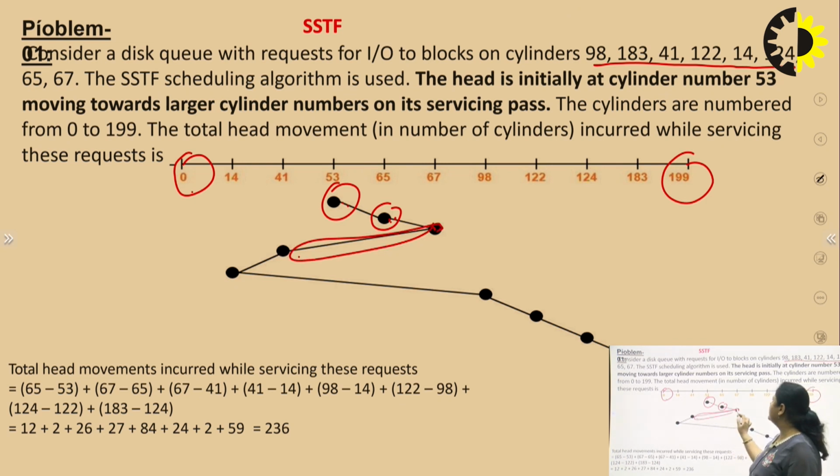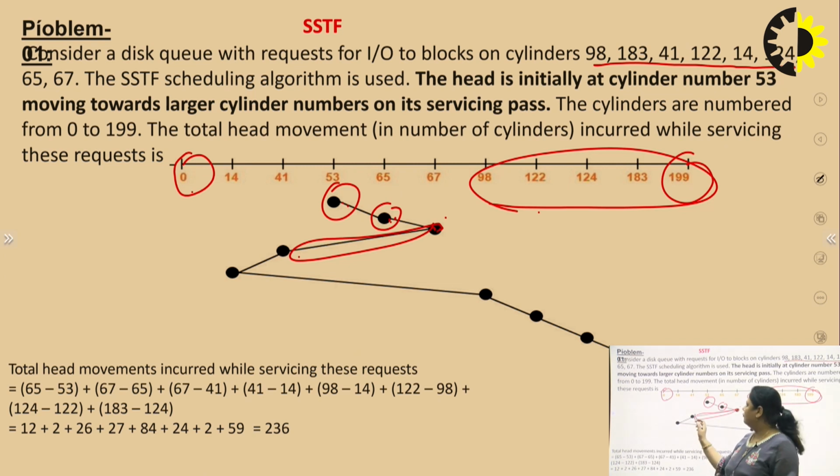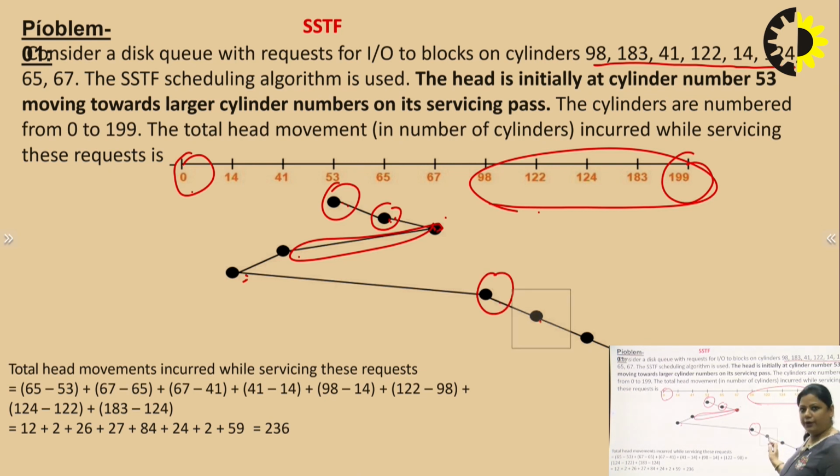This distance is minimum among these distances. So it will go 41 to 14, and 14 to 98, 98 to 122, and after 122 it goes to 124, and from 124 it goes to 183.